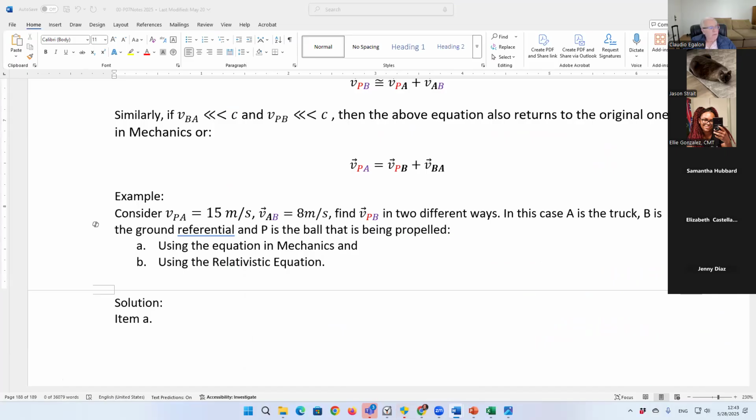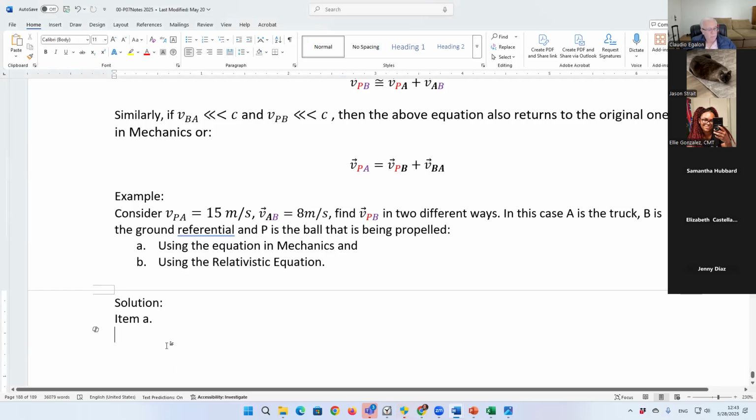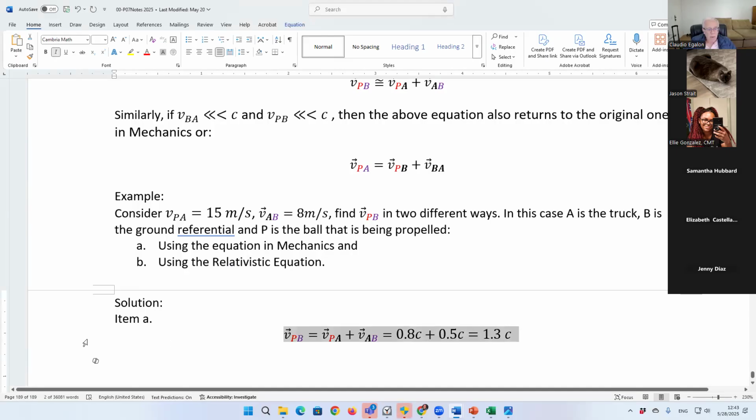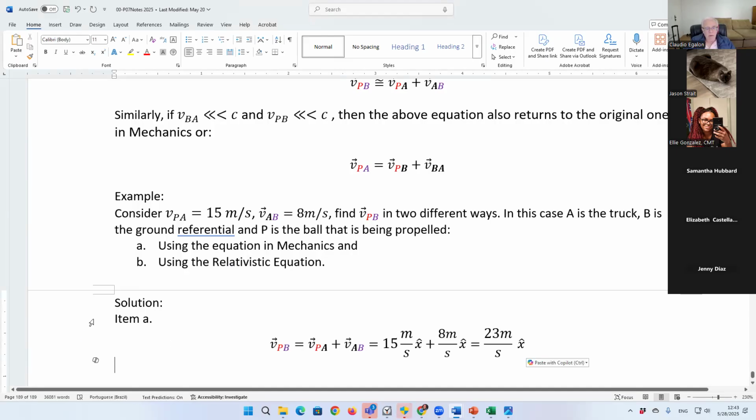Using the equation of Newtonian mechanics, item A, this one here that I want, not the other one. Then we are going to repeat for relativistic velocities.